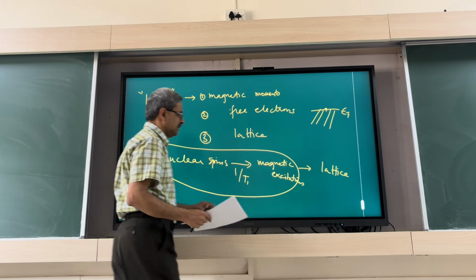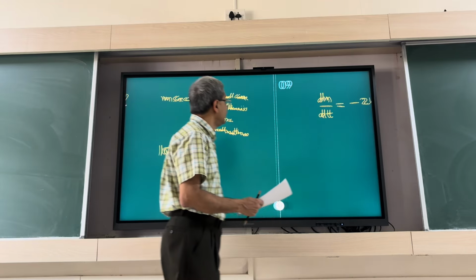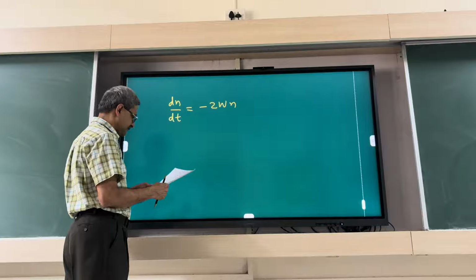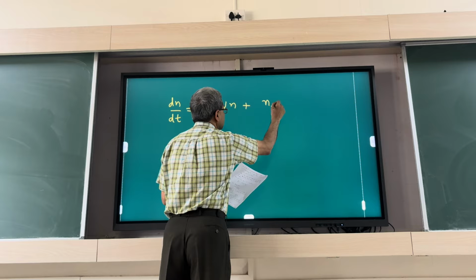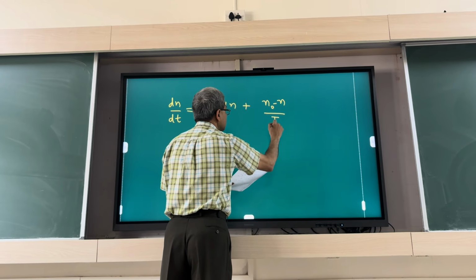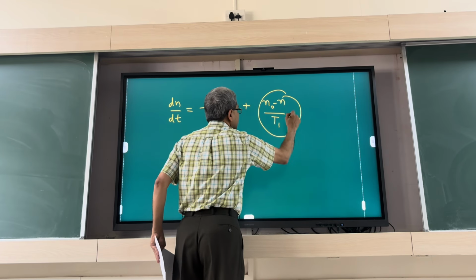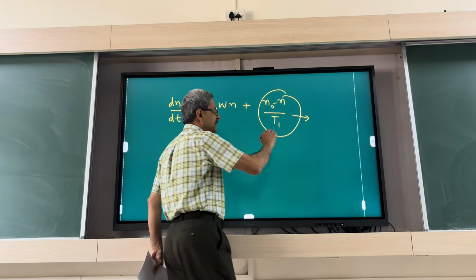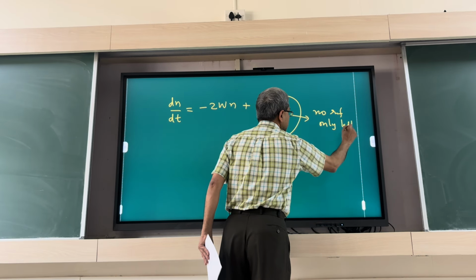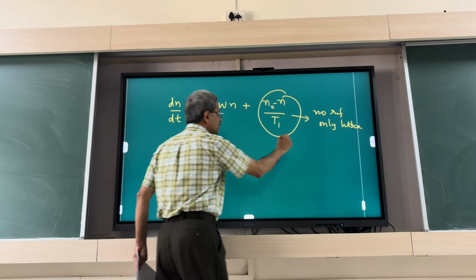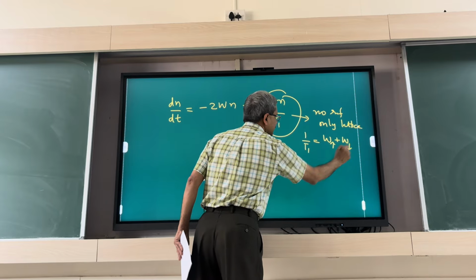So, putting together the effect of the RF field plus the lattice: this is the one related to no RF field, only lattice, and this 1 over T1 is, remember, W up plus W down.